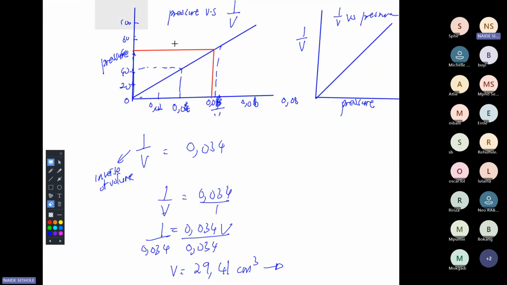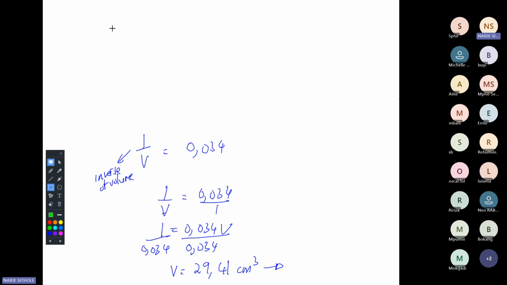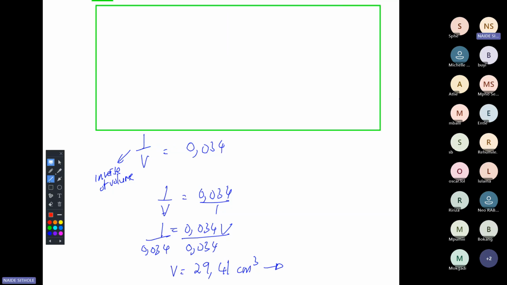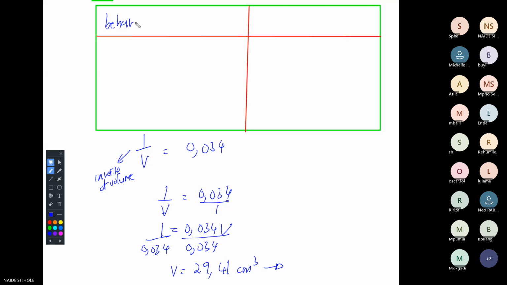So if you want to know when it behaves like an ideal gas, and then deviates from ideal gas.